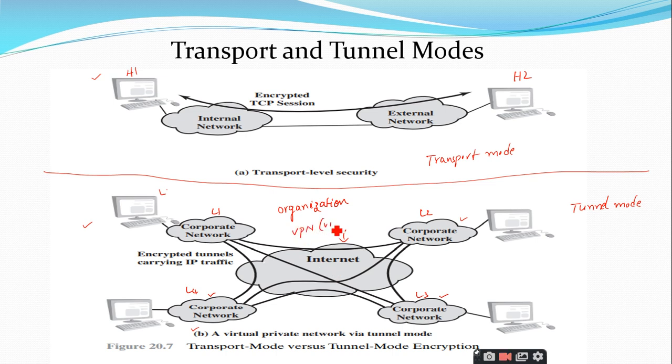In short form, we will call it VPN. So, in this example, we have the organization and it has 4 private networks that are connected across the internet and hosts on the internal network.